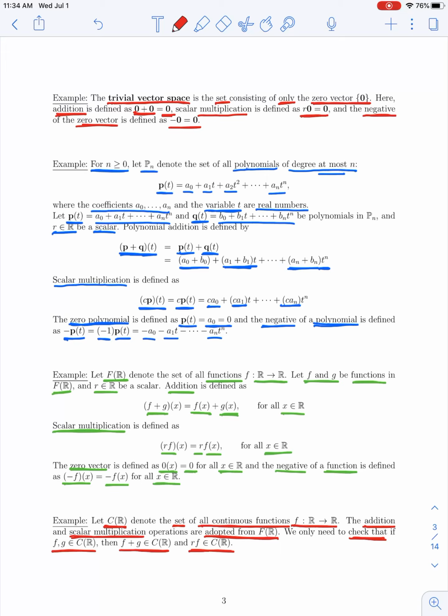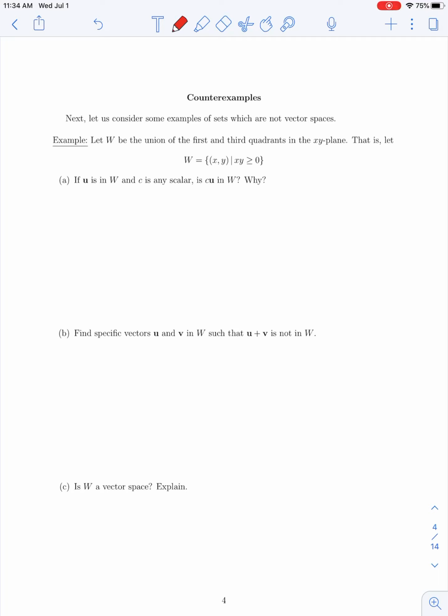And it's fairly easy to verify that all 10 axioms hold for the vector spaces that we've discussed so far, based off the way that addition and scalar multiplication are defined. So let's look at some counterexamples.